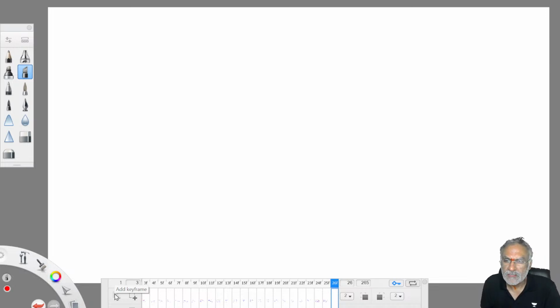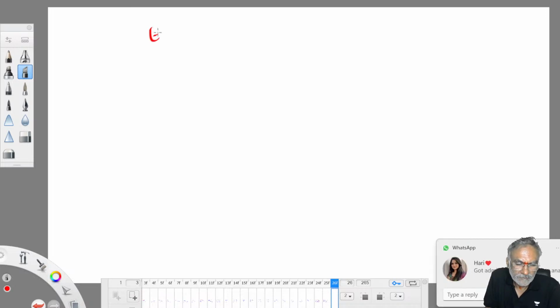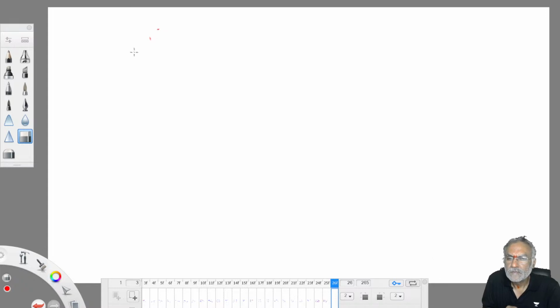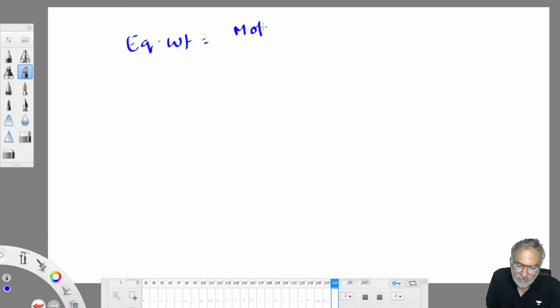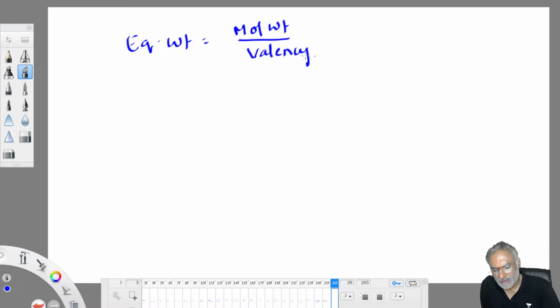So what is equivalent weight? Equivalent weight is equal to molecular weight divided by valency. From there you can find out equivalent weight.